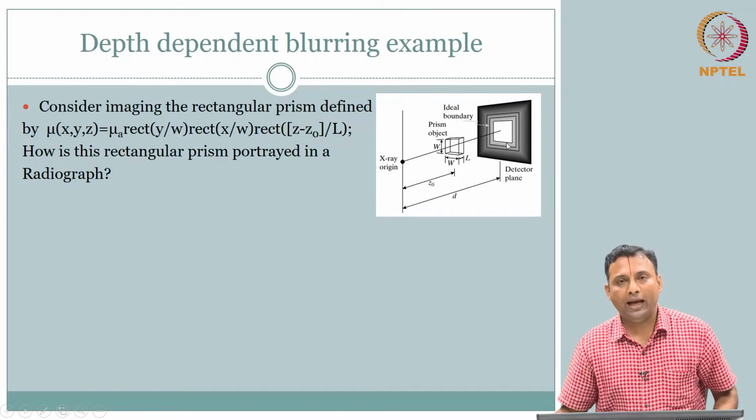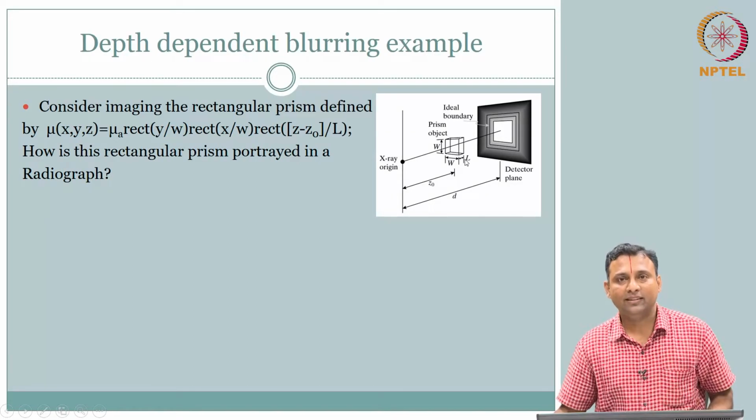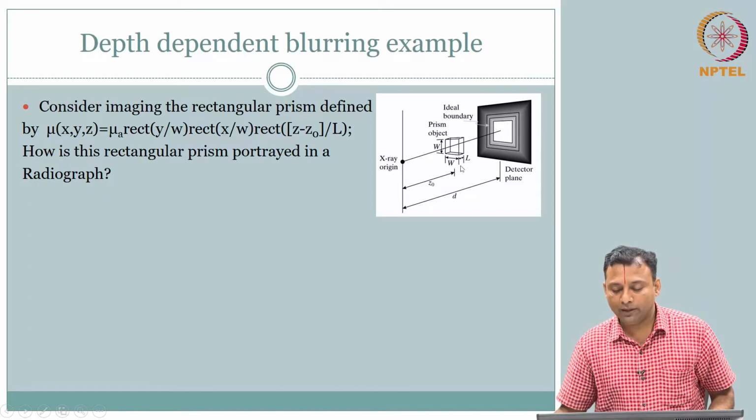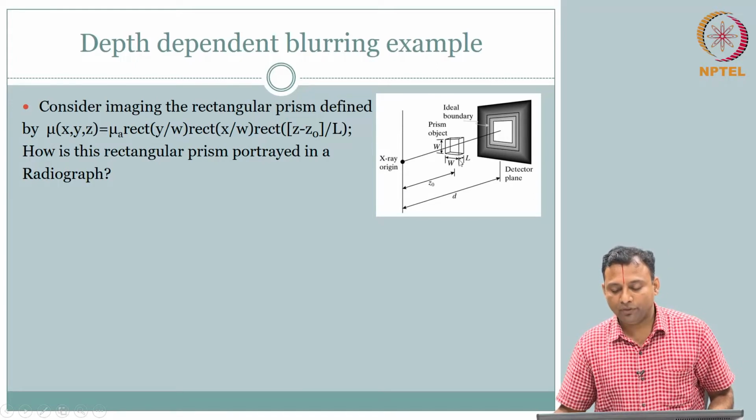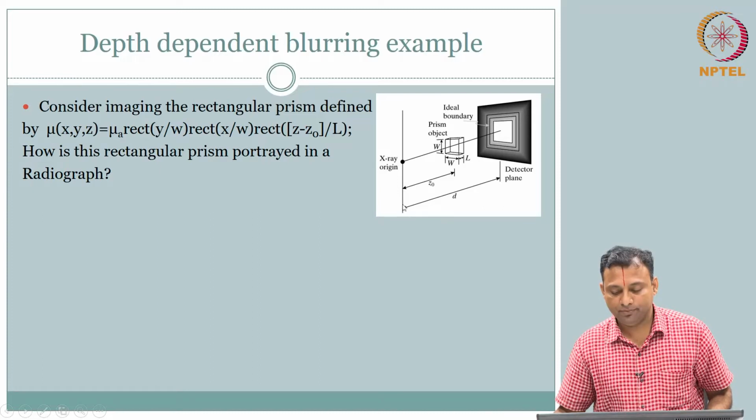But what is going to happen is, because of this depth dependence, you have your front face and your back face, and they are separated by some distance L, which is your thickness. Because of that, the front face is at a different location from the source than the back face, and therefore you are going to have different magnifications.